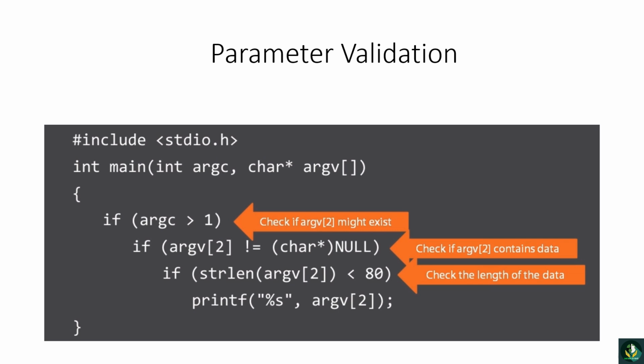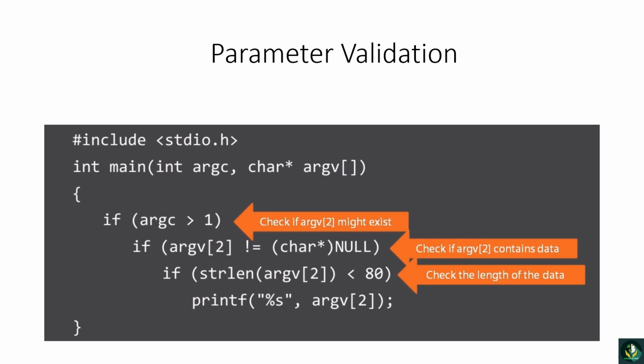This program displays the value of the third element in the argv array, which is the second argument passed to the program on its command line. If we run this program with the following command line argument, the string R2 would be displayed.